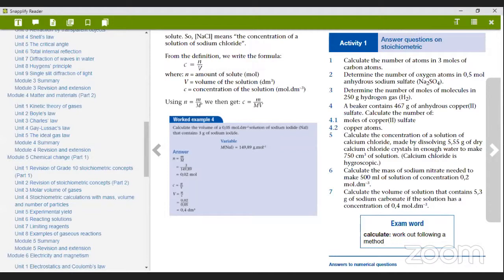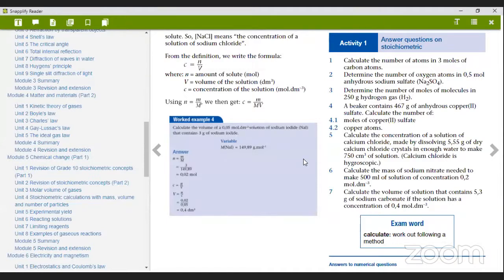From the definition, we write the formula as C = n over V, where n is the amount of solid, V is the volume of the solution, and C is the concentration of the solution in mol per dm^-3. Using n = m over M, mass over molar mass, we then see that the concentration is equal to the mass over the molar mass times the volume of the solution.